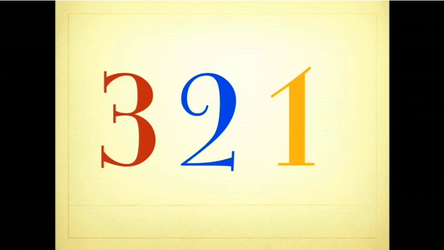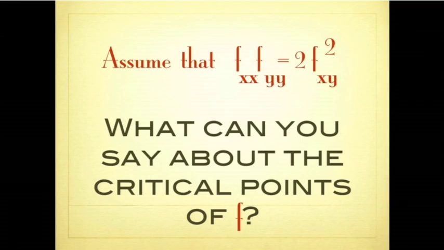And so I have another problem. I have a lot of chocolate here. So another problem, 3, 2, 1. You know this. What can you say about the critical points of F? Minimum?